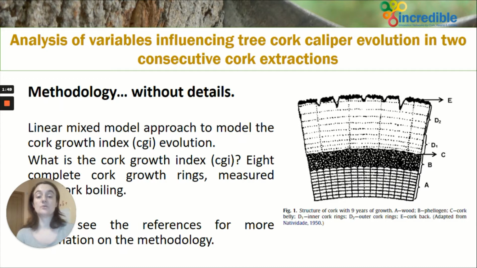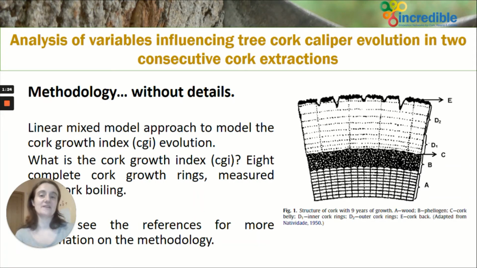And what is the cork growth index? Some of you might know, but I'll just explain it to the others. It is the sum of the 8 growth years, complete growth years. So after the debarking that is made during summer or spring, the tree will grow what we call the first half cork growth ring.